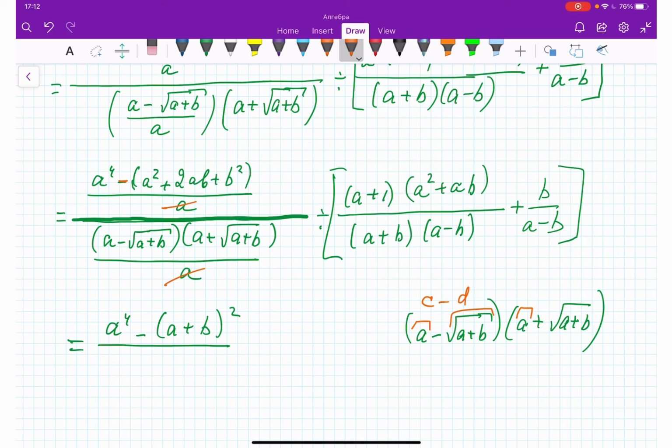This is my c, this is my d, and I will have c plus d, which is going to be equal to c squared minus d squared, correct? Which means it's going to be equal to a squared minus a plus b, because the square root of a plus b squared is going to be a plus b. Okay, so let me clean this.